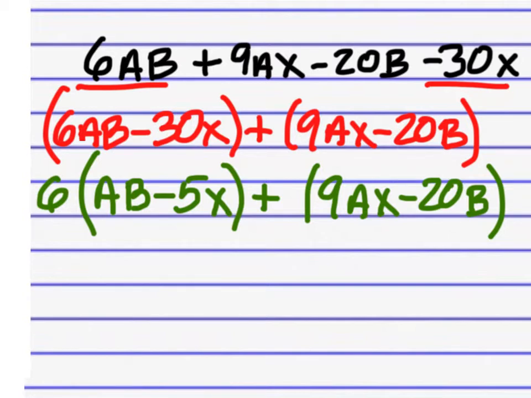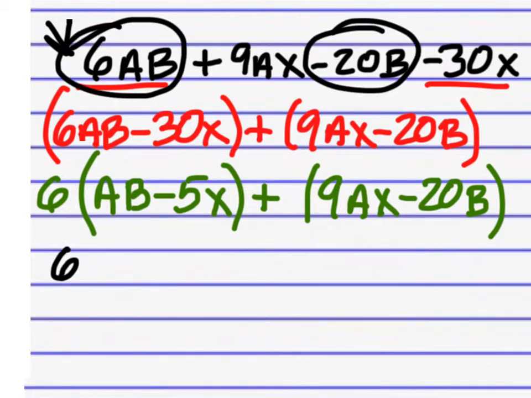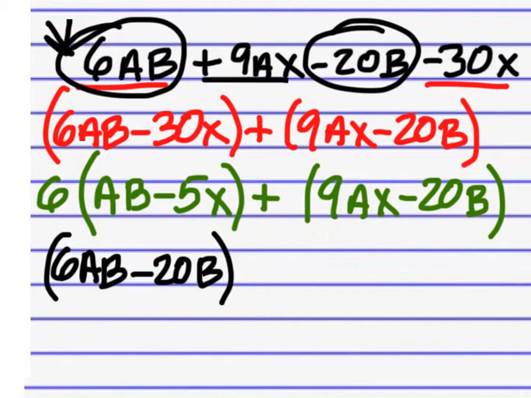So we would have to start over. And we'll go back up to here and try to regroup. Let's try these two: 6ab and minus 20b. That leaves us with 9ax minus 30x.